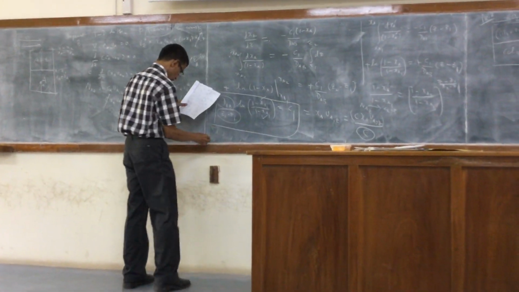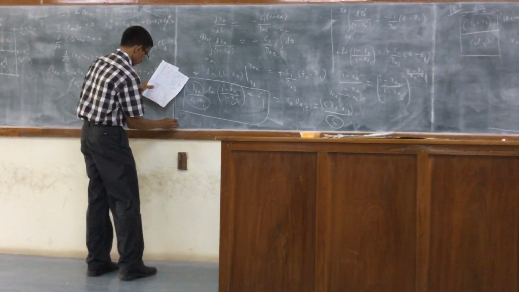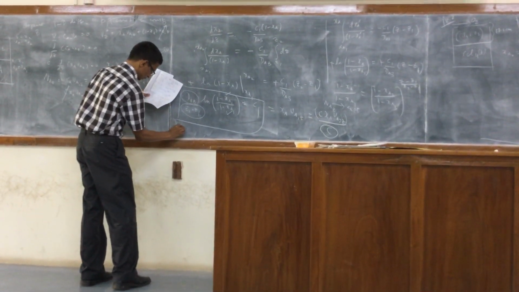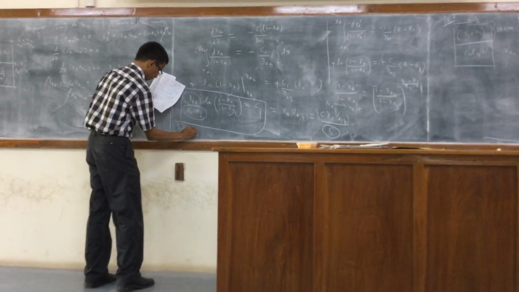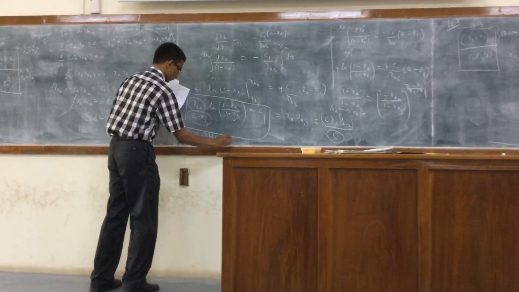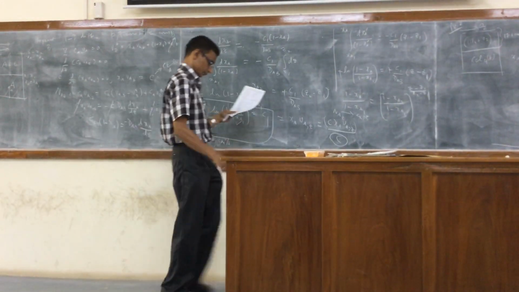If you substitute all of that, then I get a value for D_AB. You can check this calculation. D_AB turns out to be 0.0621 centimeters square per second.